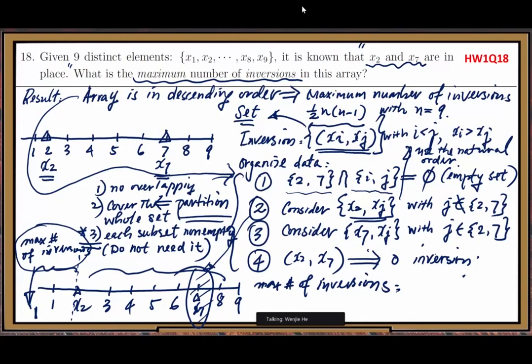Because the only case when you select arbitrary of the remaining elements to give you inversion, that is x1 is in this part, right? Only x1. When you pick x1, after x2, you get one inversion, right? Other than x1, you can pick any other because the value of all other elements are greater than x2.